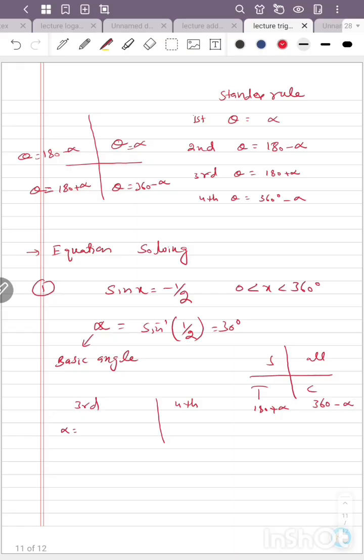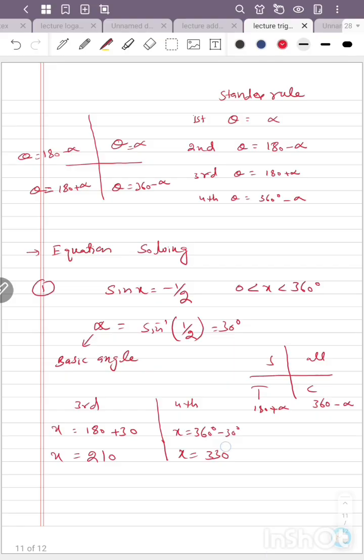Now our alpha is 30, so 180 plus 30, the answer will be x equal to 210. Moving forward, in the fourth quadrant x equals 360 minus 30, x equals 330.